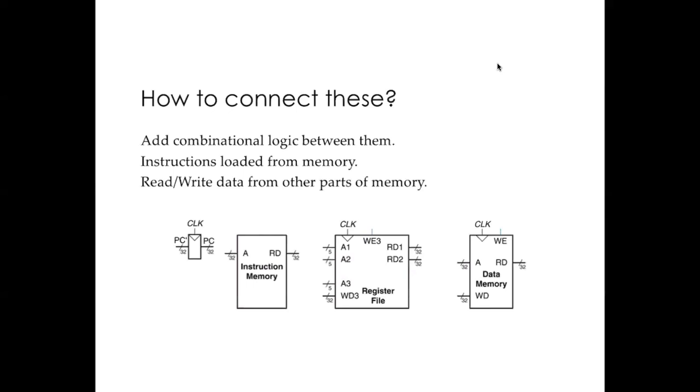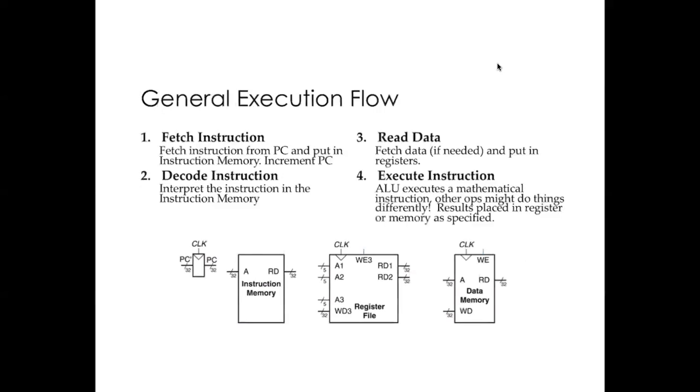So just like before, when we want to build up a computer, we add in our state elements, and then we add wires between them, and possibly control logic and multiplexers to allow for different commands. In general, the way that we read these diagrams tends to be from left to right. So we fetch the instruction. Knowing where it is, we get it out of instruction memory. We then have to decode it, figure out which wires go where.